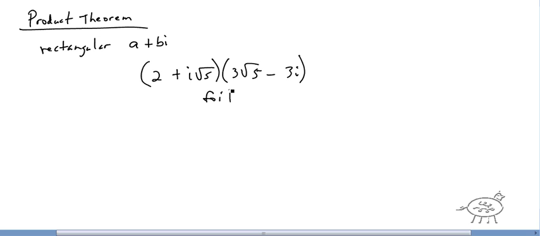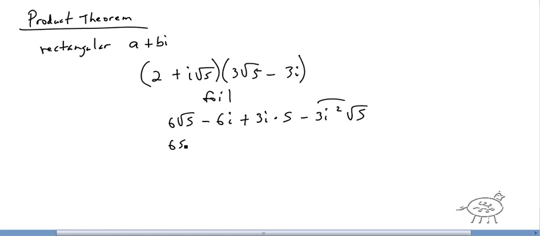So we get 2 times 3 root 5 is 6 root 5, minus 6i, plus 3i root 5 times root 5, which is just times 5, and then last is minus 3i squared root 5. We can do a couple of simplifying things here. Of course, i squared is negative 1.